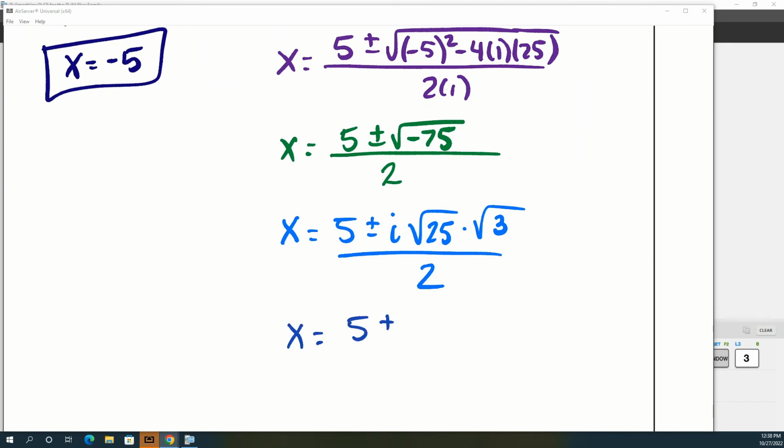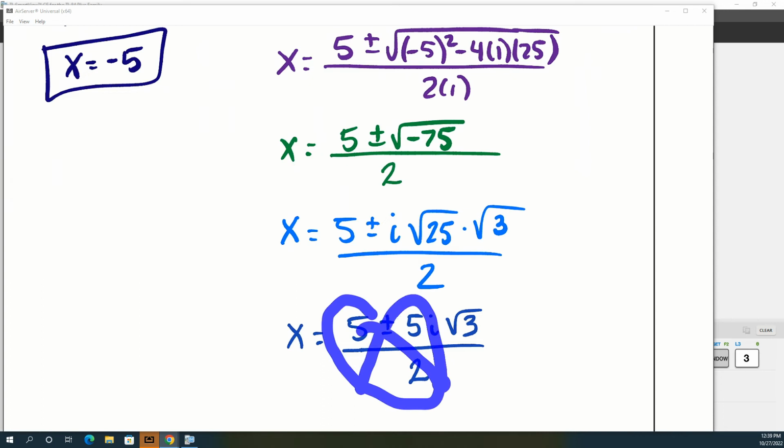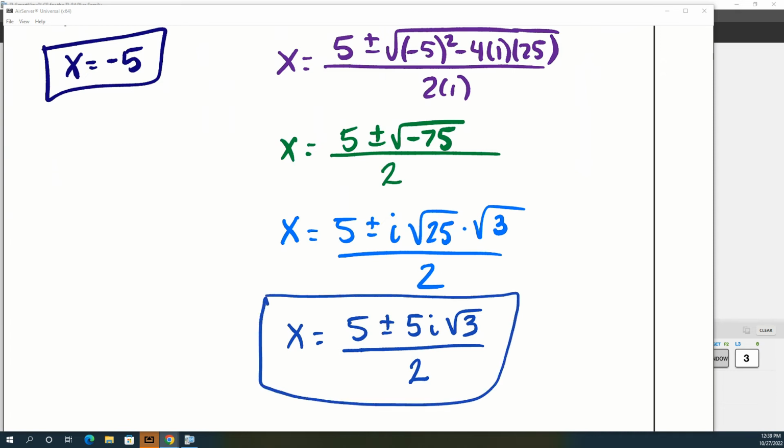And then one of the last steps, take the square root of 25, just 5. And then you're going to look at these numbers that aren't underneath a radical. Can you reduce them all by the same thing? No. So this would be your answers: -5 and then all that stuff.